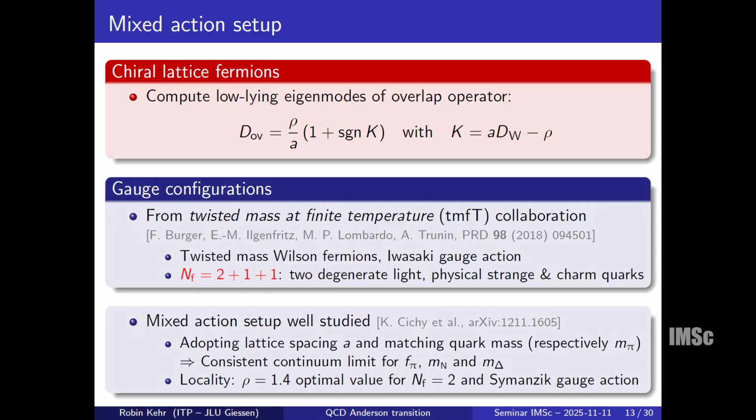So in principle, this approach works, and that also justifies why we adopt this lattice spacing here. Also it was studied how we can optimize the locality, and here rho equals 1.4 seems to be a good choice in a slightly different setup with just two flavors, but it's enough to justify taking it.